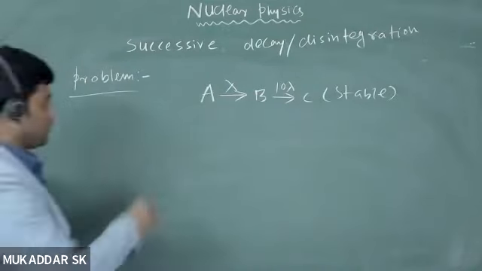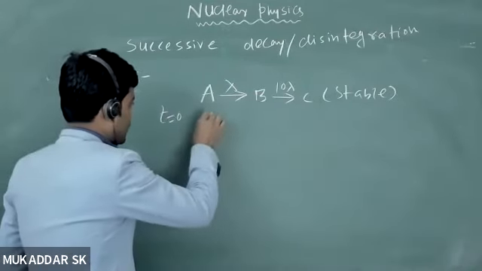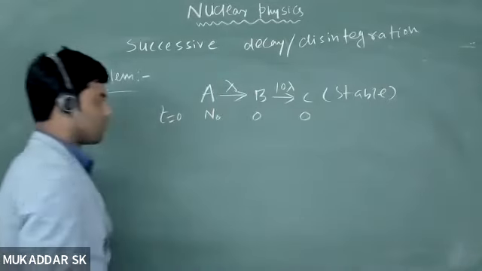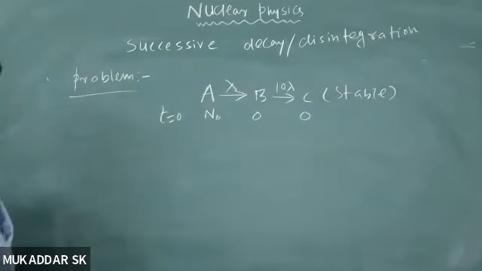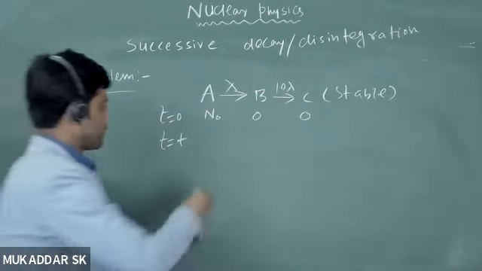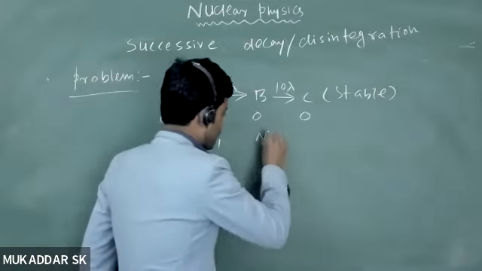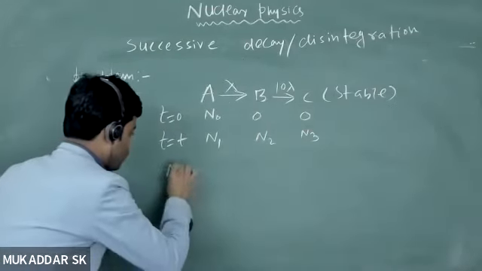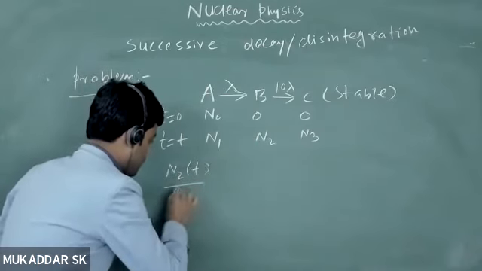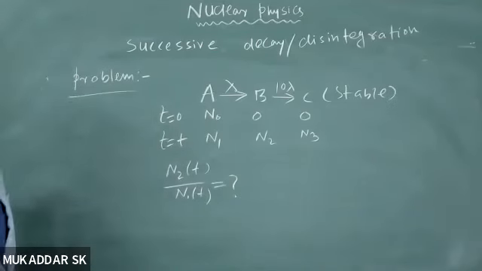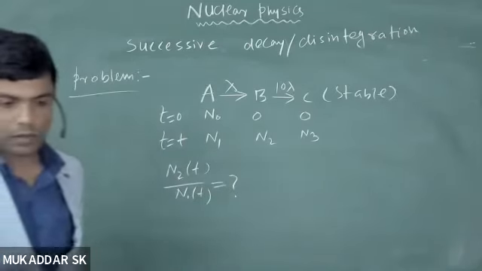At T equals 0, there was only A nuclei present, N naught, and B and C nuclei were 0. And at T equals t, these become N1, N2, and N3. So you have to calculate N2 of t divided by N1 of t.